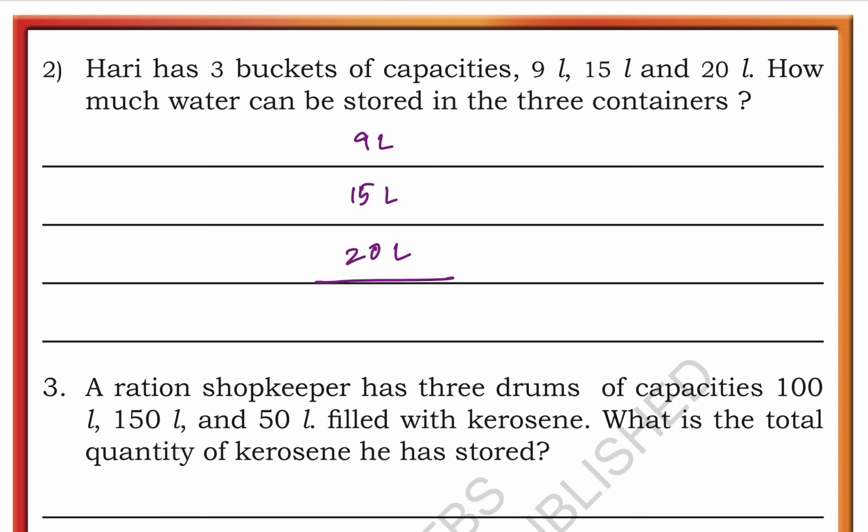9 plus 5 is 14, 4, 1 carry, 1 plus 1 is 2, 2 plus 2 is 4, 44 liters.